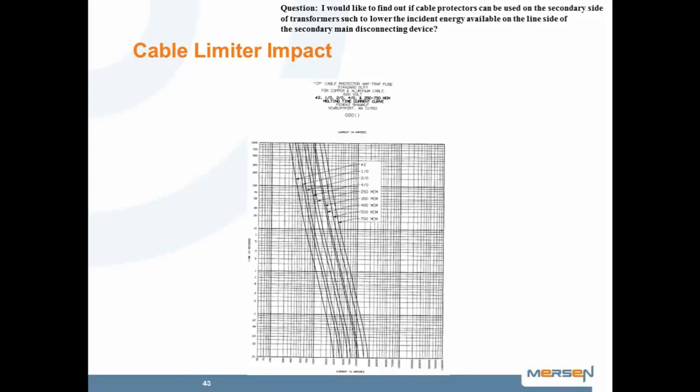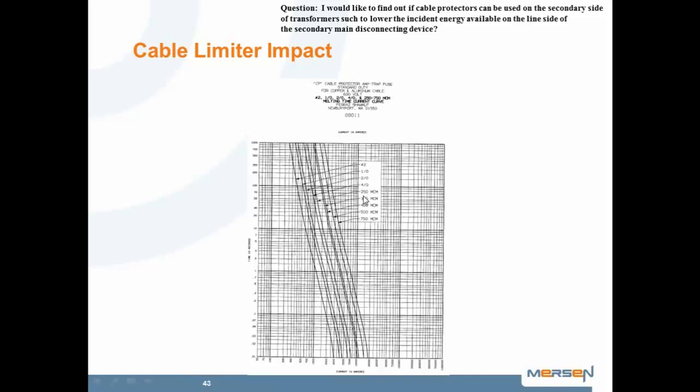Yes, this is an example of a cable protector time current curve. And the time current curve can be used to calculate the results.